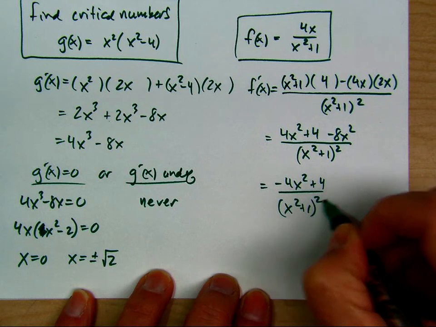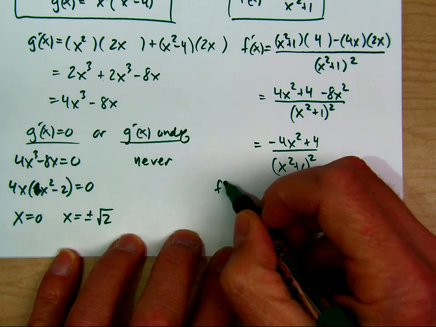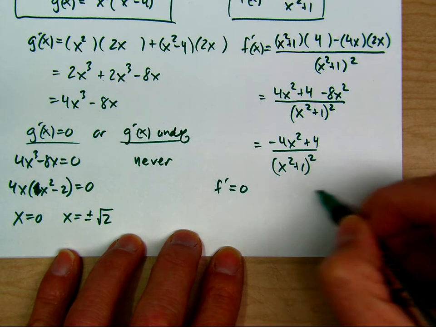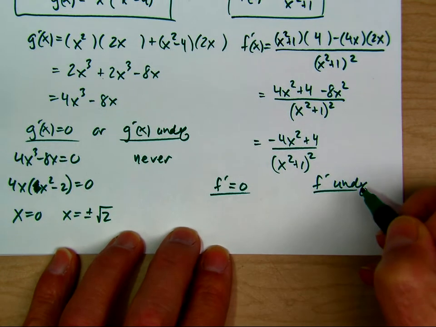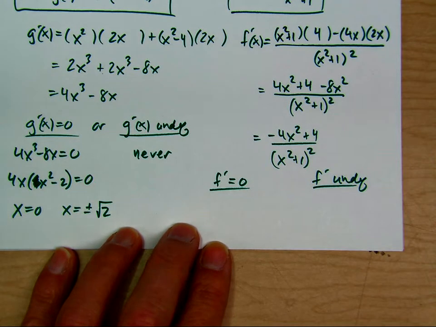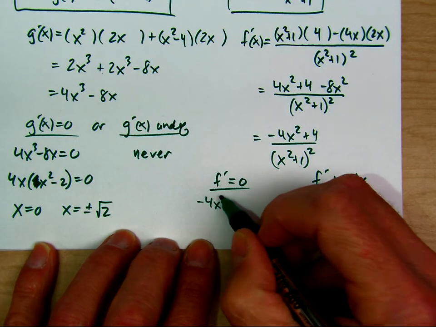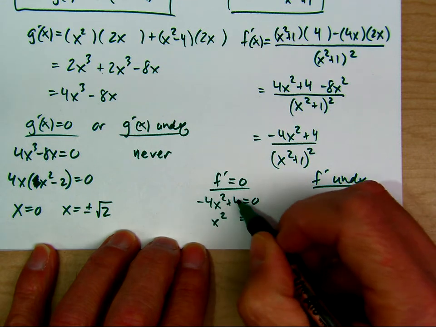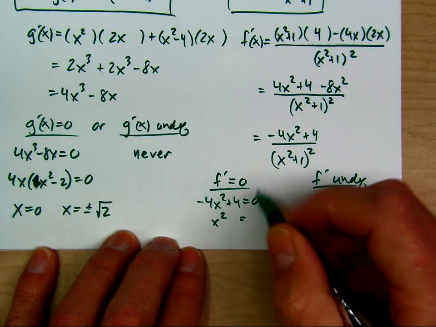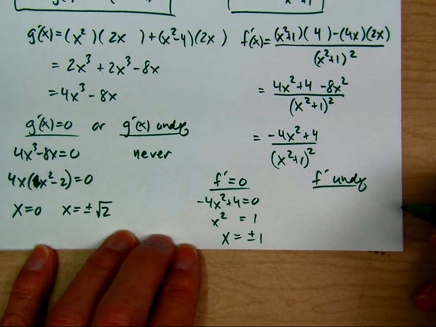And we want to know when f prime is 0 and when f prime is undefined. A rational function equals 0 when the numerator equals 0. So we'll subtract 4 and divide by negative 4, and we get 1. So x is positive or negative 1.